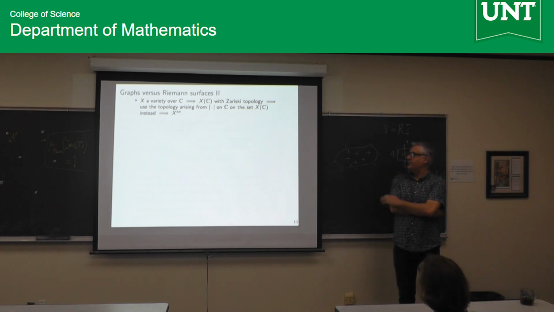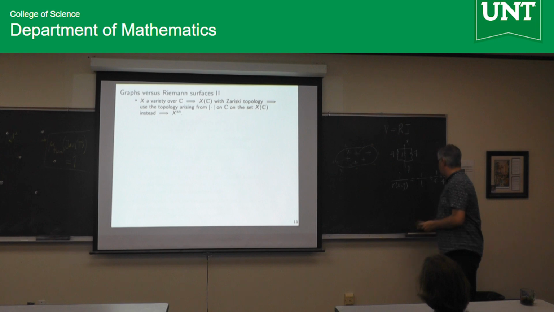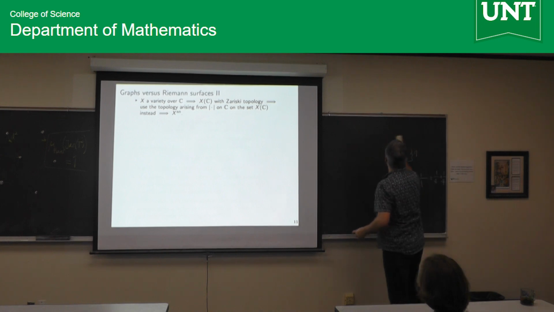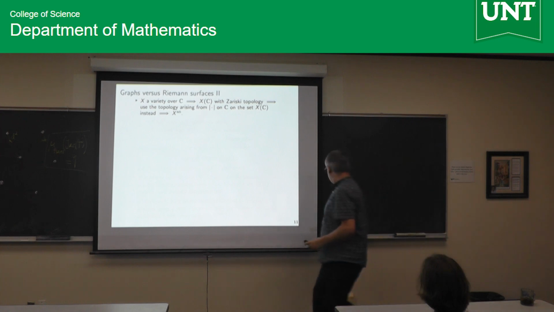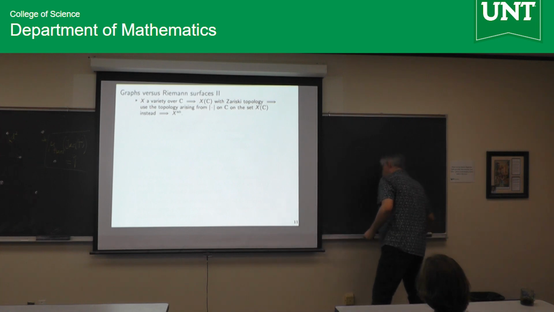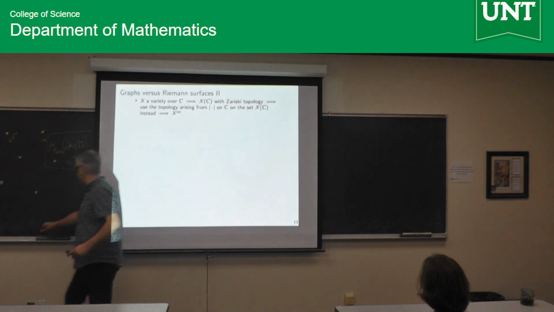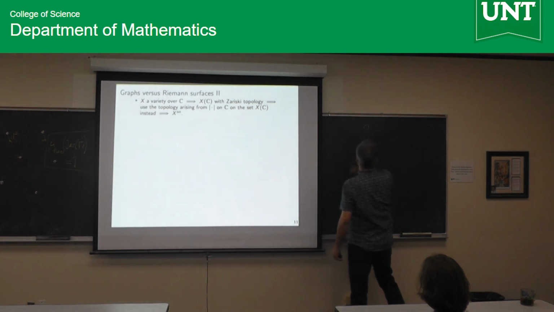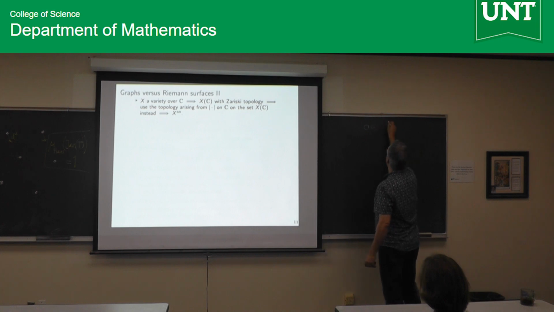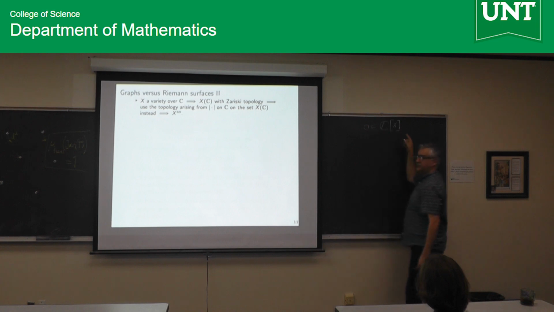If you have a variety over C, by that I mean just solutions of a bunch of equations. And in fact, already for this, it's good to think of a running example: take the polynomial 0, but think of it as a polynomial, not just a number.